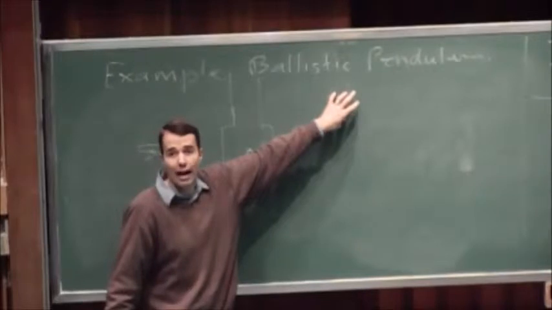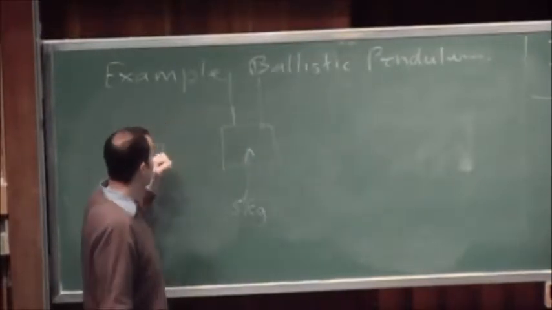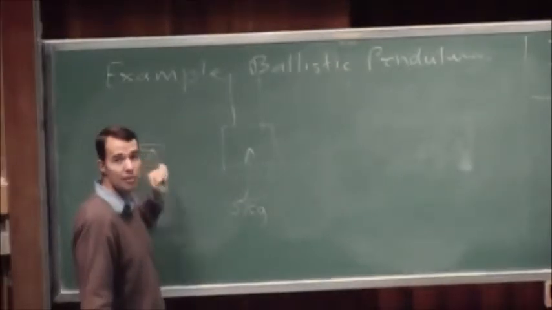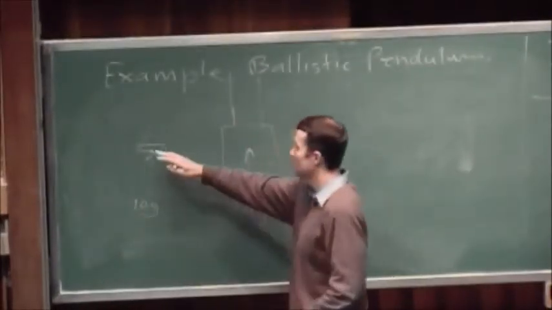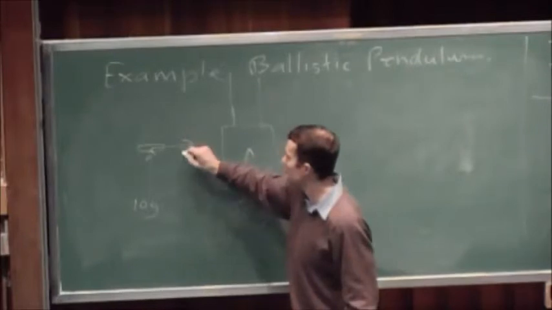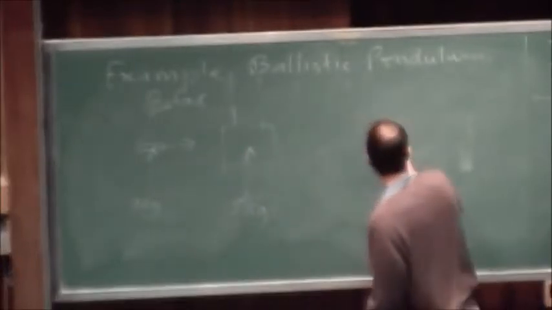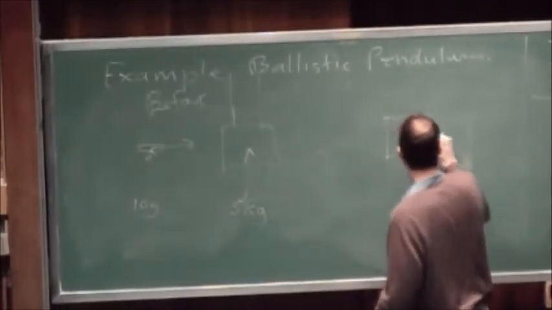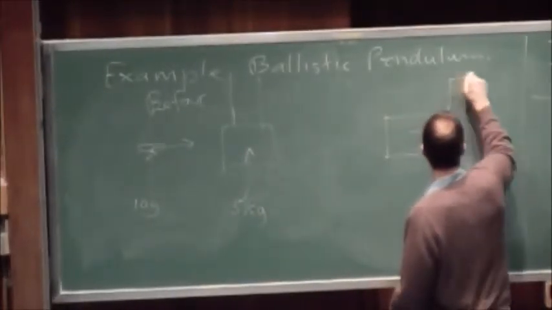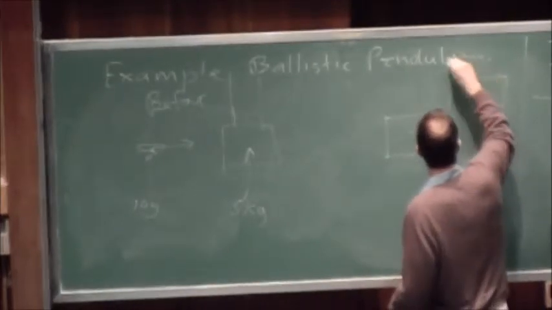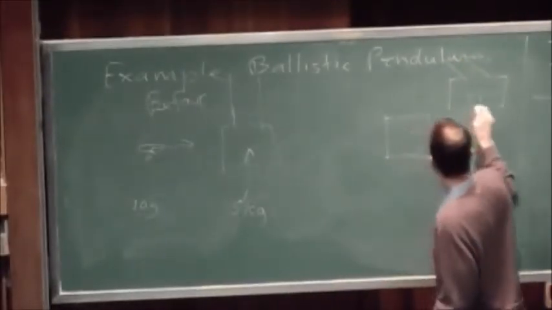And then once you know the height that it swings, you can determine the speed at which this moves. So this is the before, right? This is coming like this. This is the before picture. And then this is the after, which is the bullet's now lodged in here like this.